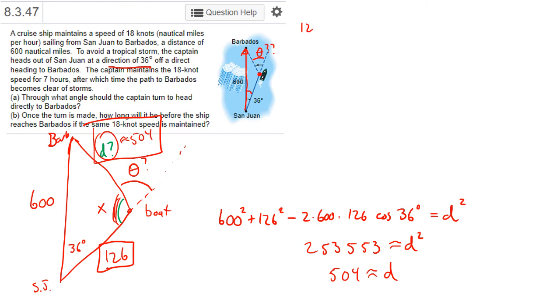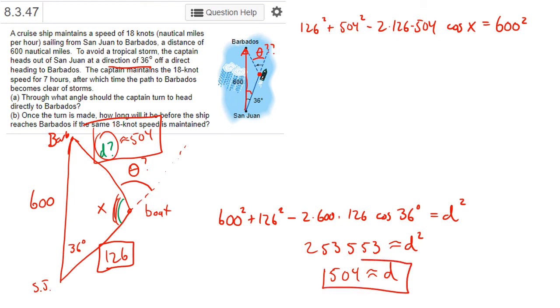So I'm going to have 126 squared plus 504 squared minus 2 times 126 times 504 times the cosine of the missing angle is equal to the opposite side squared. Now observe, I can square 504, but that would just be squaring d, and d squared I already had an approximation of 253,553, which isn't quite 504 squared.